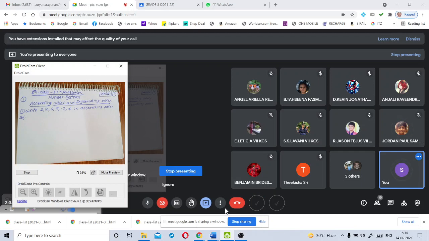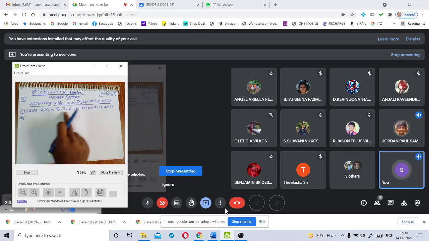Yes. Can you read this line? Read it. 2, 10, 6, 5, 13, and 4 in ascending order. Okay. Here I have given some numbers.